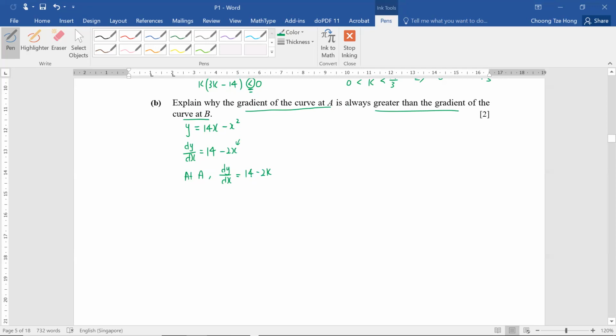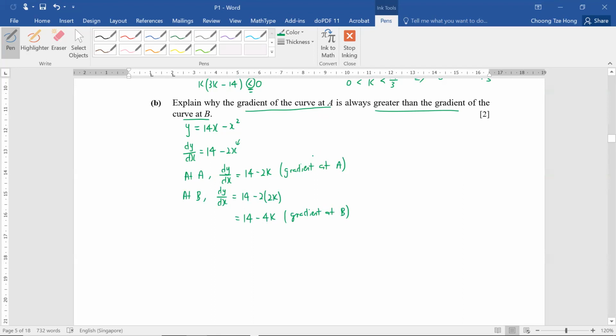This is the gradient of the curve at A. At B, dy/dx will be 14 minus 2 times 2k, because the x coordinate of B is 2k. So you'll get 14 minus 4k. This one is the gradient at B.